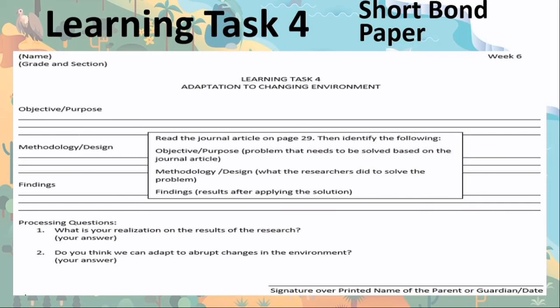You're going to make a research entitled The Conflict Between Adaptation and Dispersal in Maintaining Biodiversity in Changing Environments. Make an analysis of the abstract of this research by identifying the objectives or purpose of the research, methodology or design, and findings.